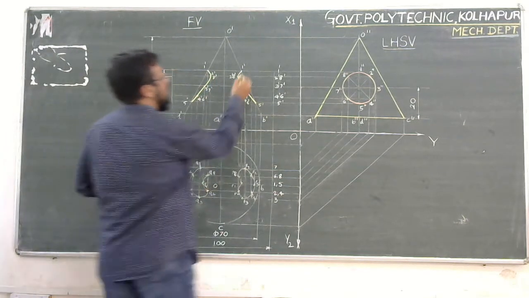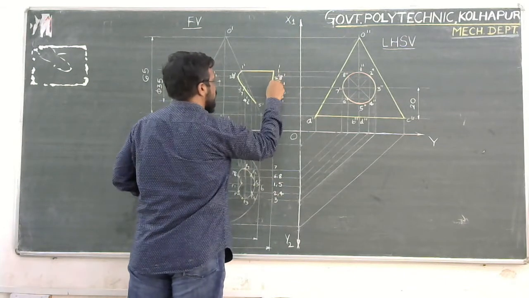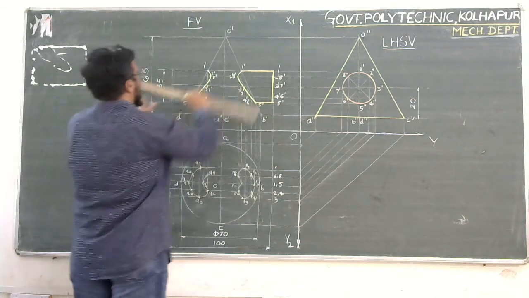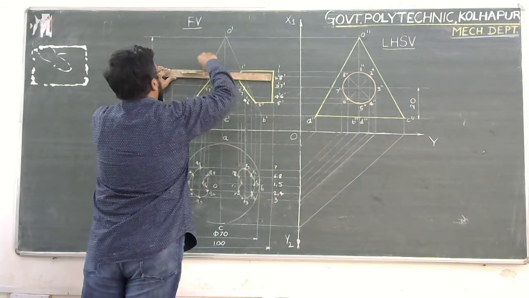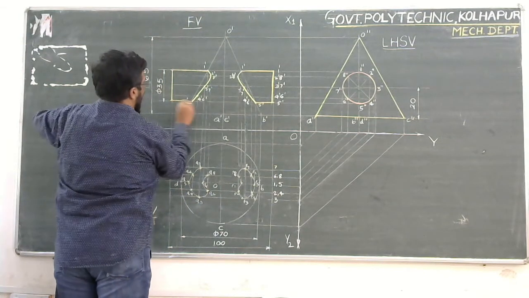So this is visible. That means from here onwards, this is the surface of the cylinder which is visible. Similarly, this is the surface of the cylinder which is visible like this.